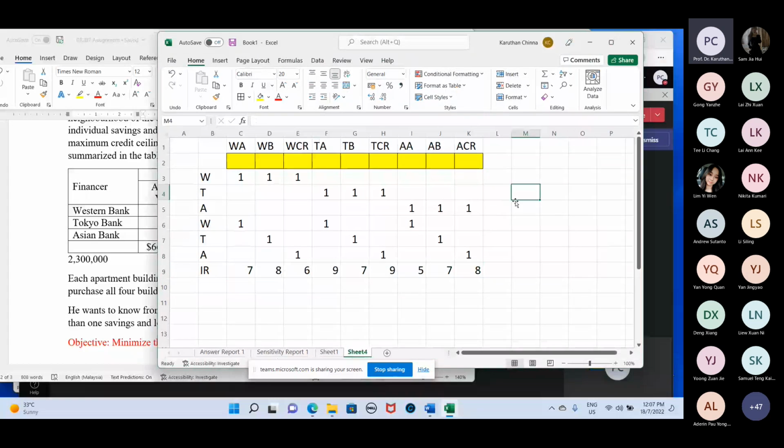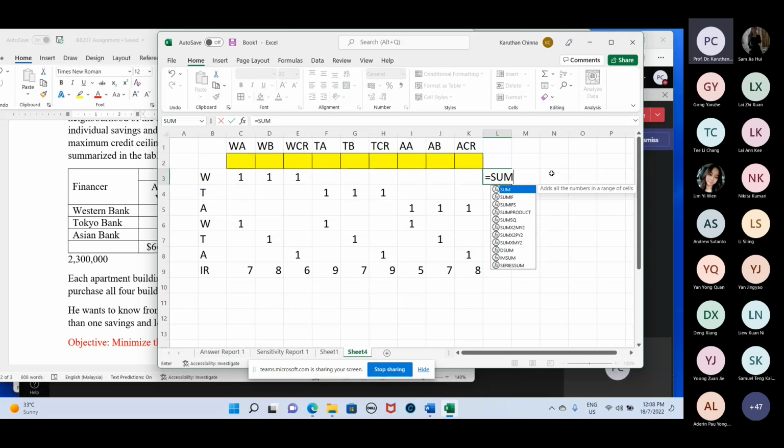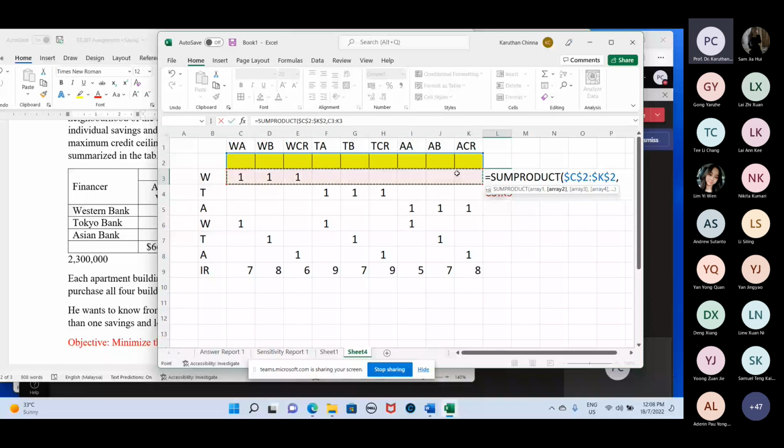Okay, over here, the matrix calculation equals SUMPRODUCT of whatever is here, F4, comma, first row, then drag all the way.